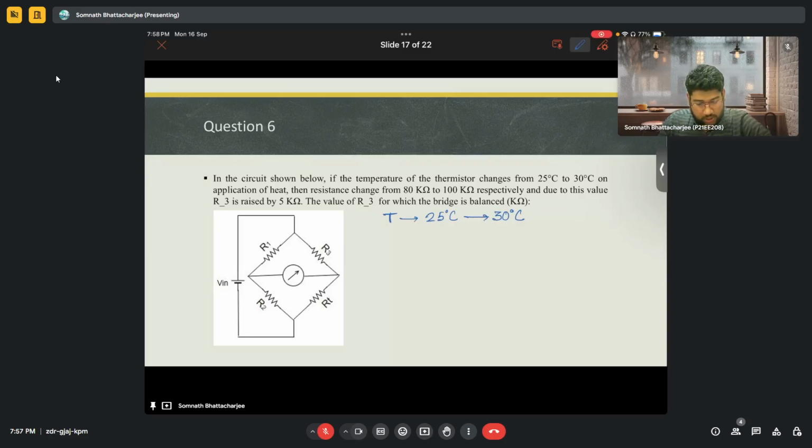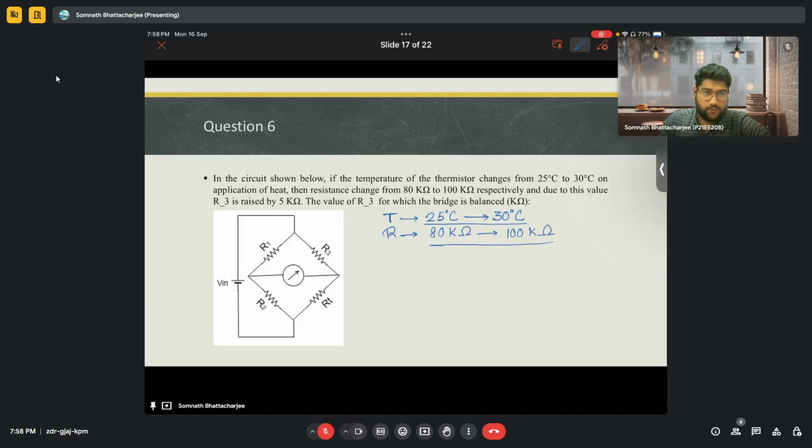So this is our change in resistance and this is our change in temperature.